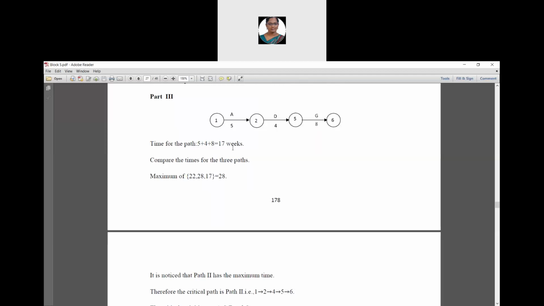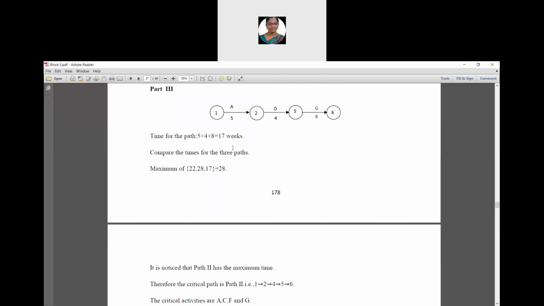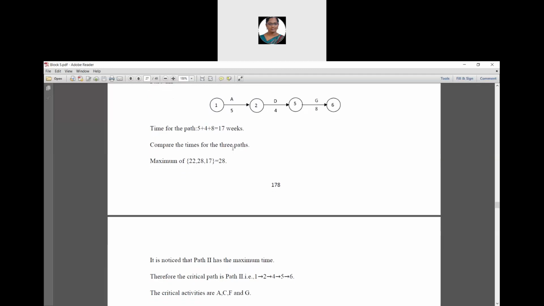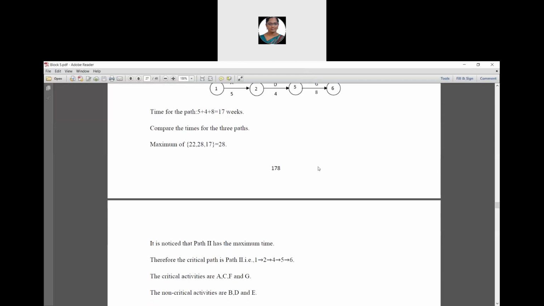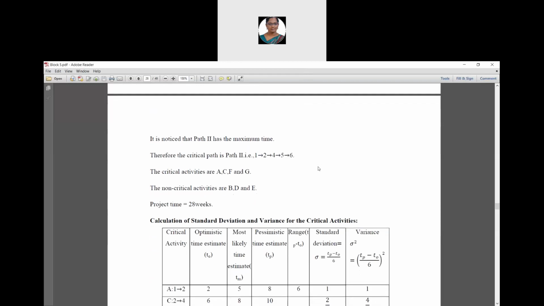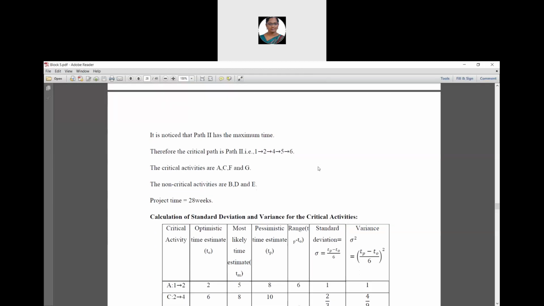Critical path is defined as the longest time duration path. For that, we are going to compare the times for the 3 paths. So maximum of 22, 28, 17 is 28. It is noticed that path 2 has the maximum time, and the critical path is 1 to 2, 2 to 4, 4 to 5, 5 to 6.